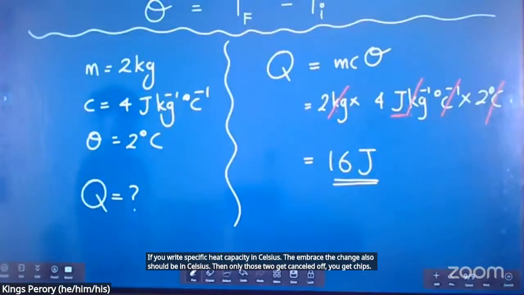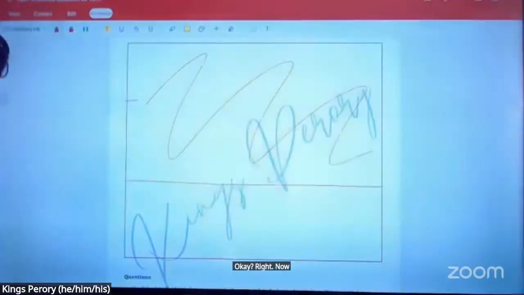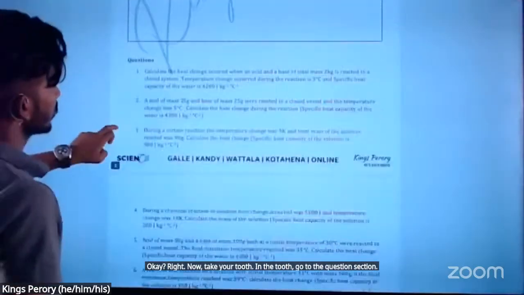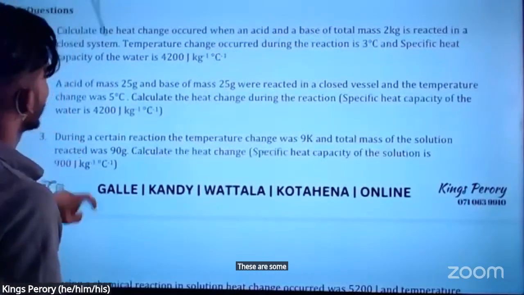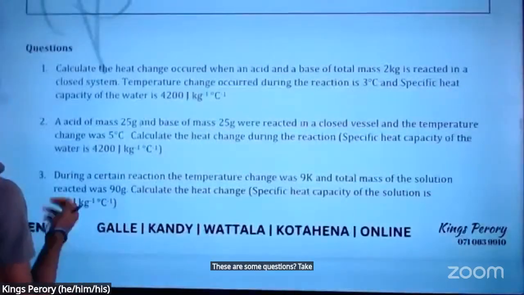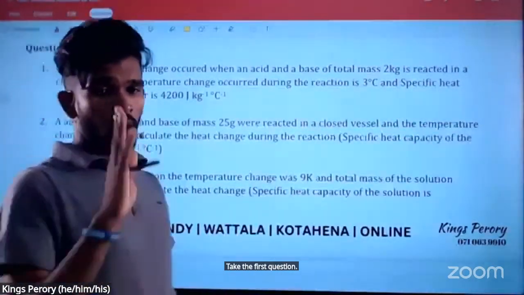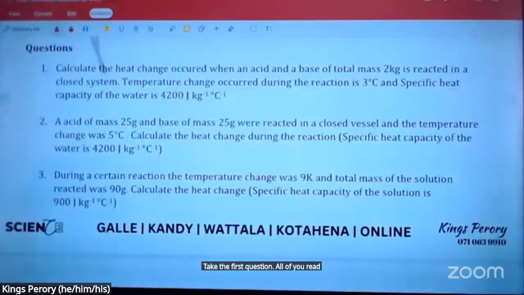Now take your tute. In the tute, go to the question section. We'll solve some questions. Take the first question. All of you read the question once.